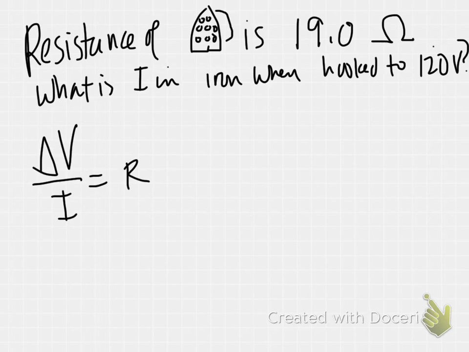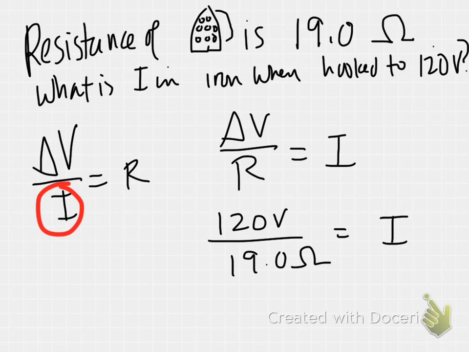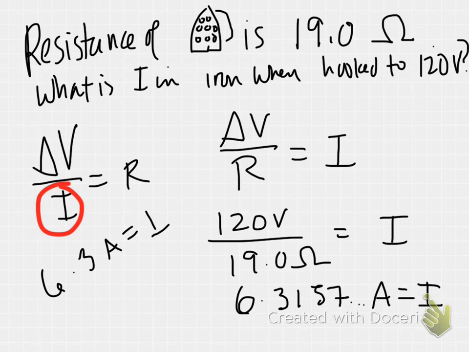If we're solving for current, delta V over R gives us I. The voltage is 120 volts. The resistance is 19.0 ohms. That gives us I, which is 6.3157. We only have 2 sig figs, so 6.3 amps would be the current through the iron.